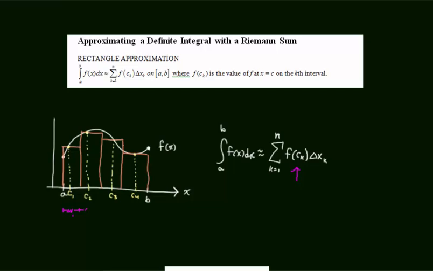Then the next change in x is the change in x of the second rectangle. It's the width or the partition. Change in x of the third. And finally, the largest partition is change in x of the fourth. And again, in general, there are n rectangles that we could use to approximate the definite integral.